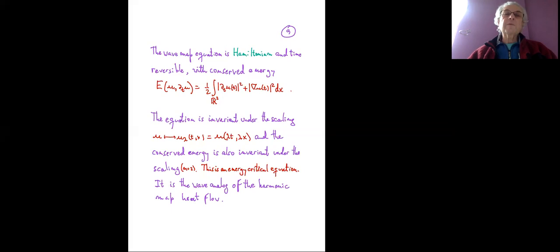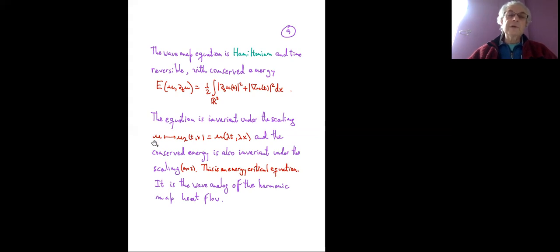So this wave map equation is Hamiltonian and time reversible, and it has a conserved energy. And the conserved energy is the one you can imagine, 1/2 of (d_t u)^2 plus |grad u|^2, is an invariant of the motion. The wave map equations also are invariant under scaling.